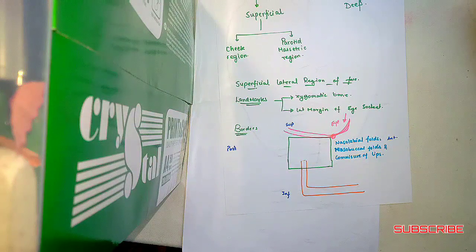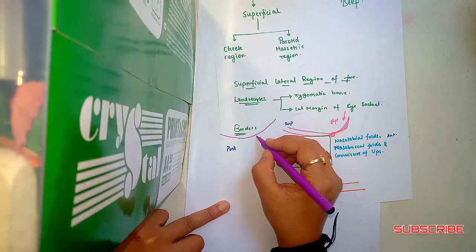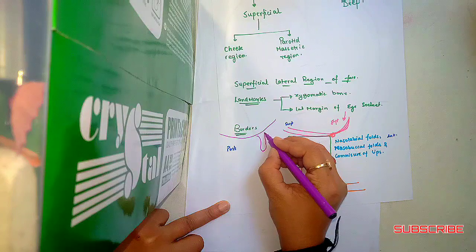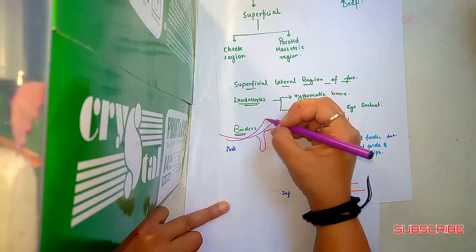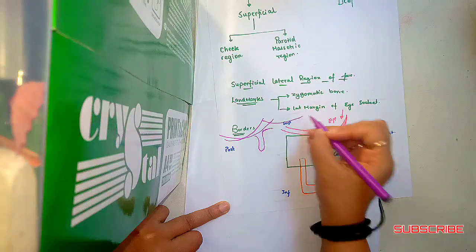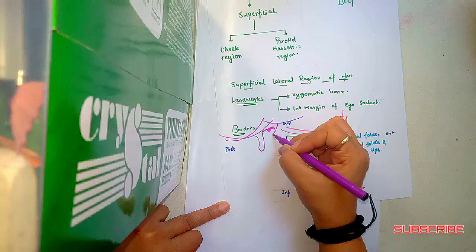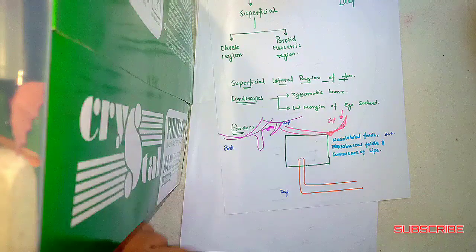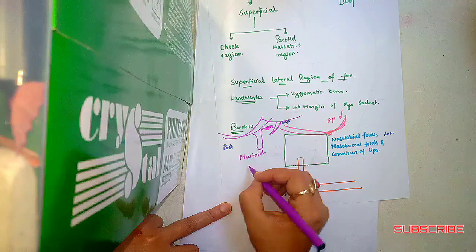Now posteriorly we have the mastoid process, because here we have the occipital bone and the temporal bone, with the zygomatic process and styloid process, like this. So posteriorly we have the mastoid process.